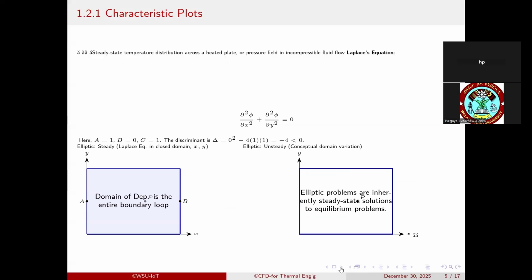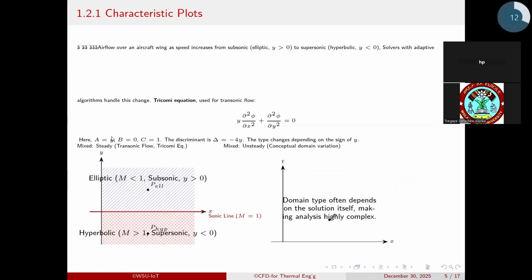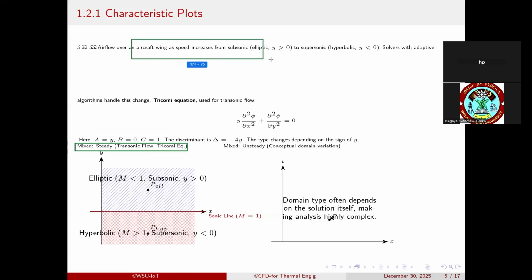The last characteristic equation has A equal to y, B equal to 0, C equal to 1. The discriminant is minus 4 times y. It is the mixed category because it changes depending on the sign of y. Mixed type problems include modeling airflow over an aircraft wing, with speed increasing from subsonic, elliptic, y greater than 0, to supersonic, hyperbolic, y less than 0.